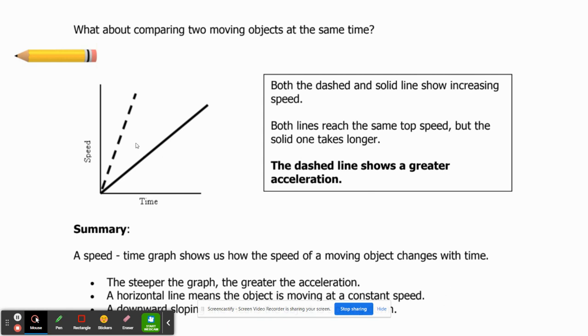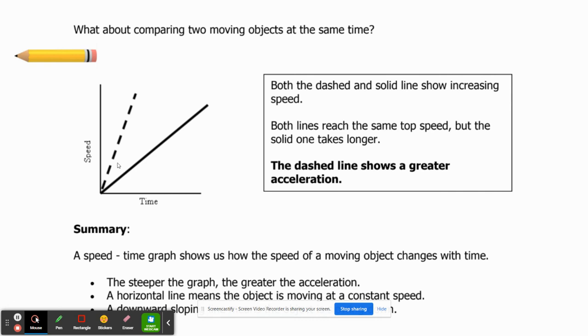All right, so let's compare two objects. When you have both of these, they're both speeding up. I know that, it's a speed time graph. They're both speeding up. This one, the steeper line, means that this one got to whatever speed it is a whole lot faster.